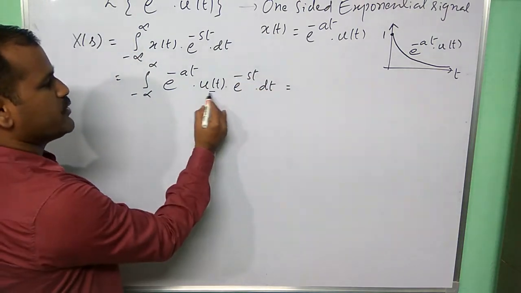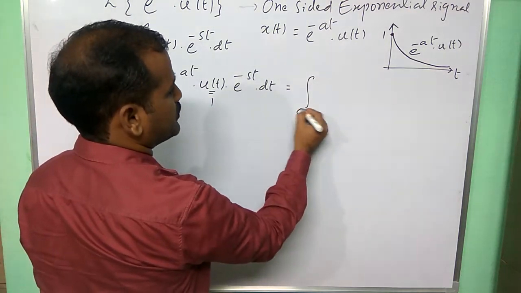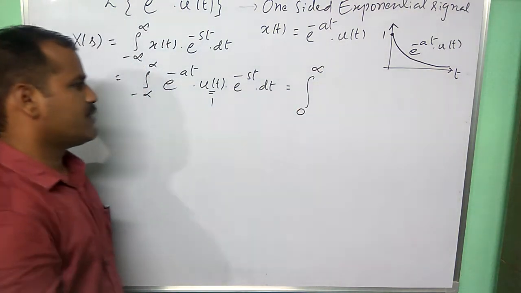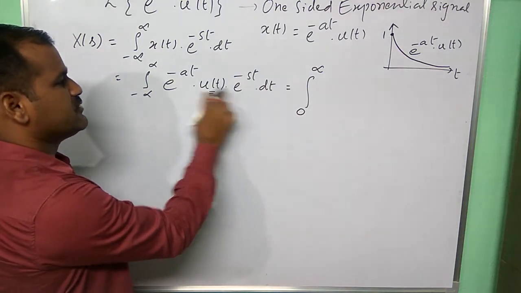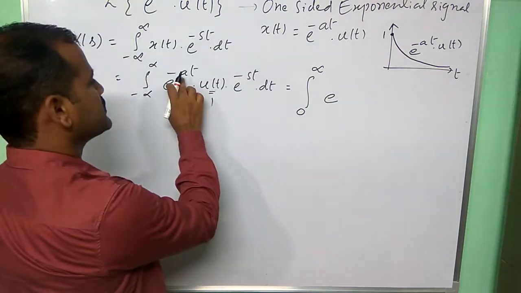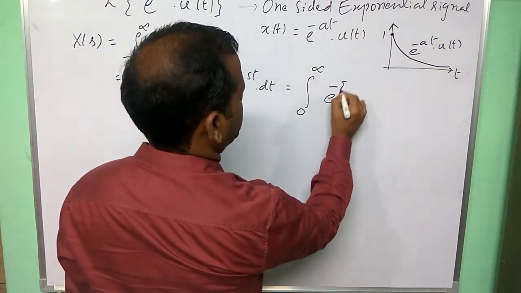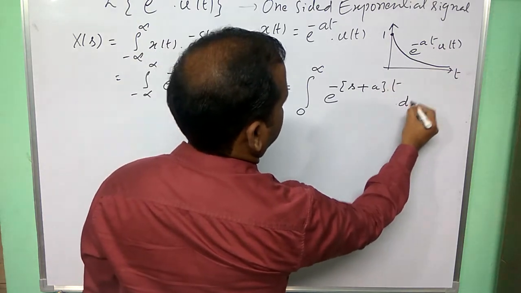For t greater than 0, u of t is equal to 1, so the integral runs from 0 to infinity and we can replace u of t with 1. These two are exponentials, and we can combine them into a single exponential like this, minus taking common, s plus a t dt.